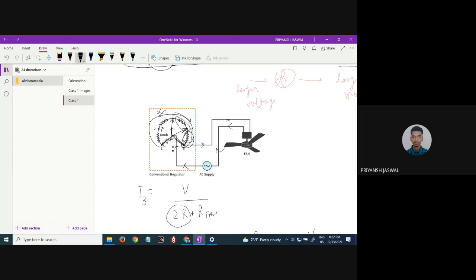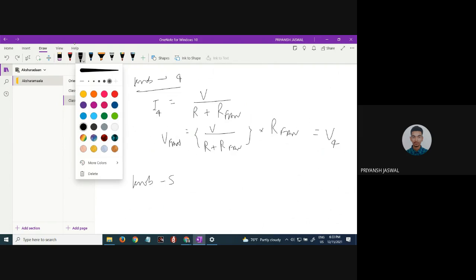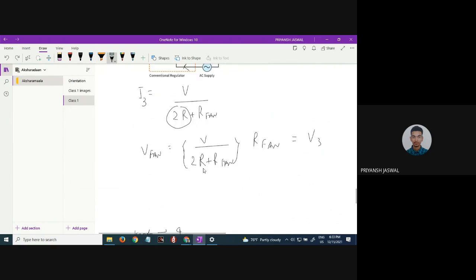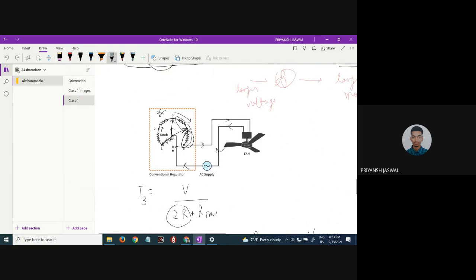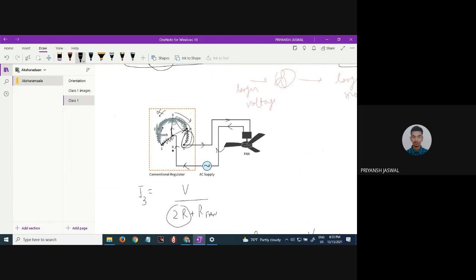All these resistances will be out of the circuit, and only this one resistance will be left inside the circuit.